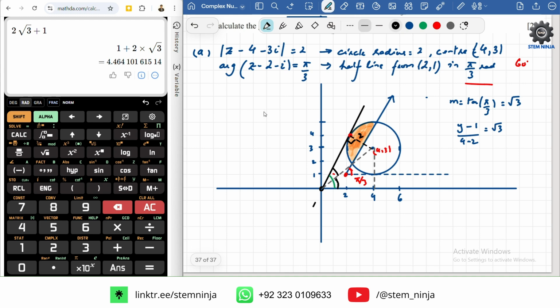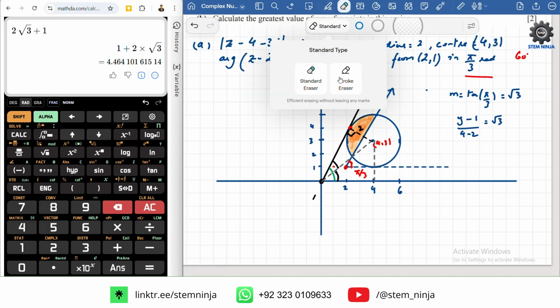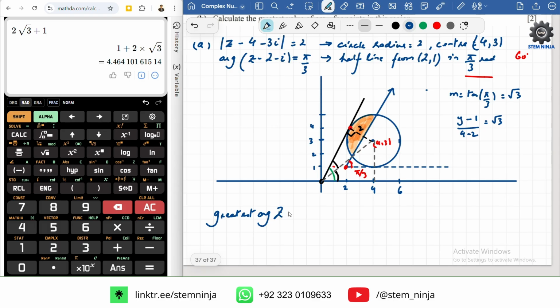So the greatest value of argument z will come from this angle, which is tan inverse of 3/4, plus this angle.